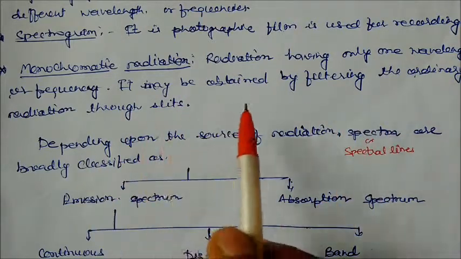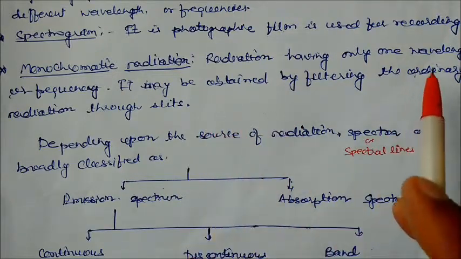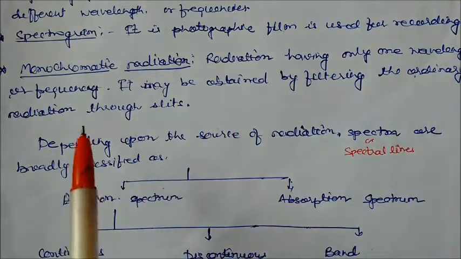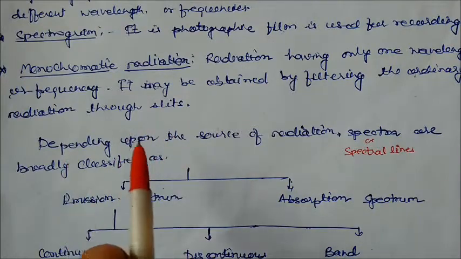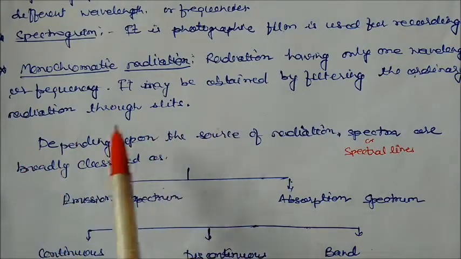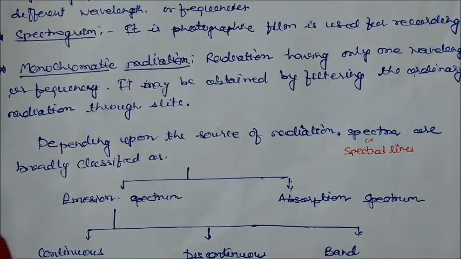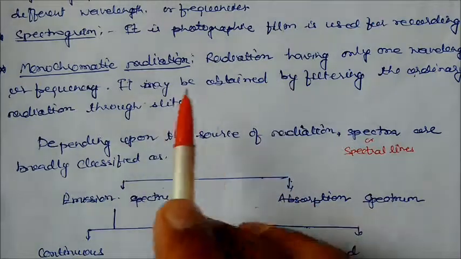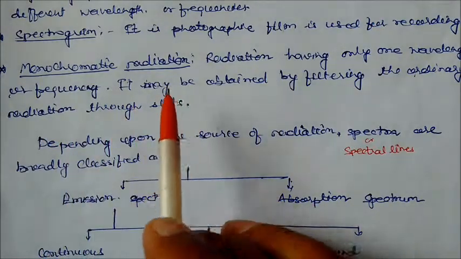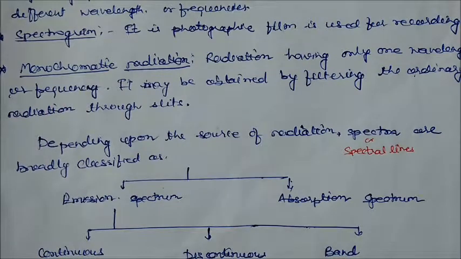After passing through the slits, the radiation is filtered and we get only one wavelength. We don't need to know too many details in chemistry, but we should know the terminology, because terminology is a requirement for the study. Monochromatic means single radiation having a single wavelength, like the terms we have already seen.